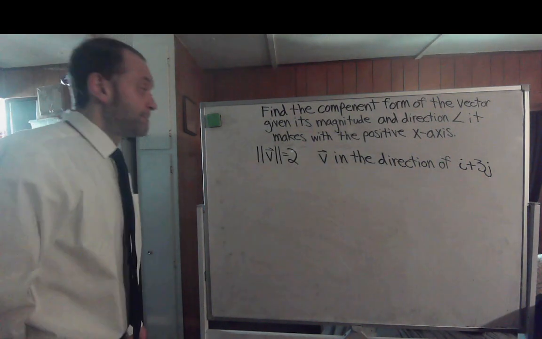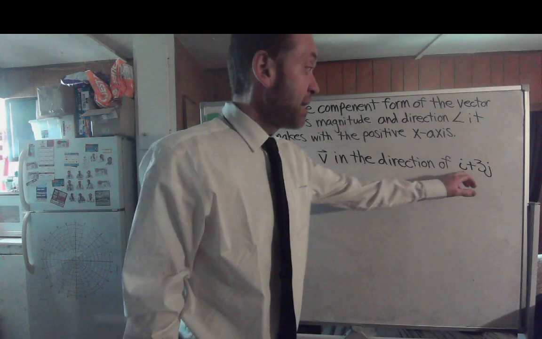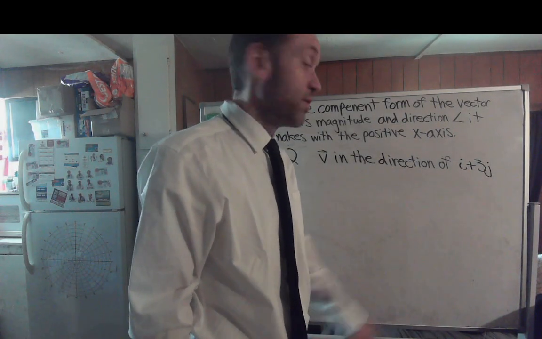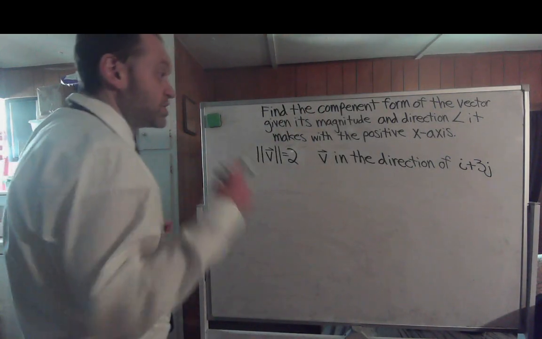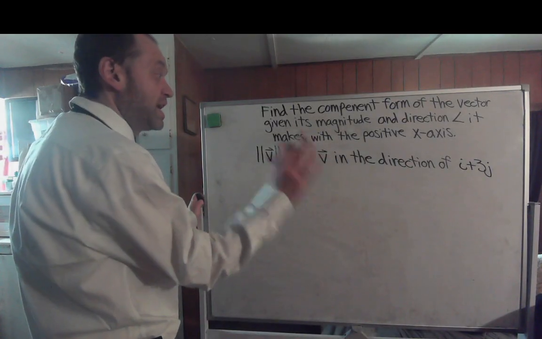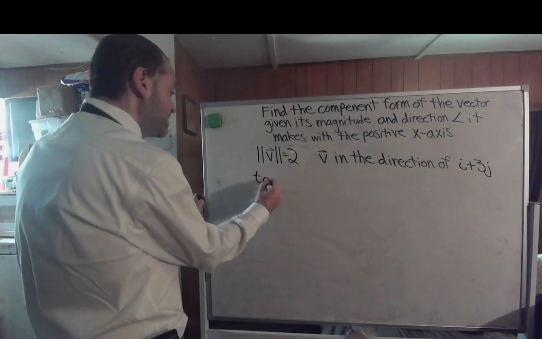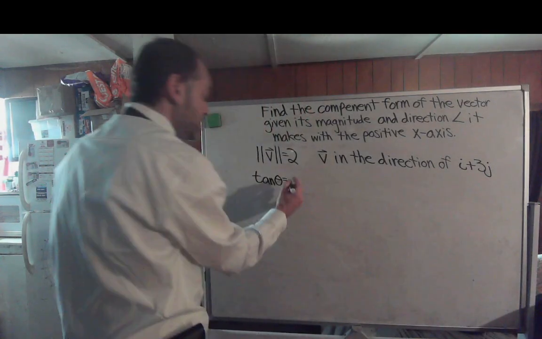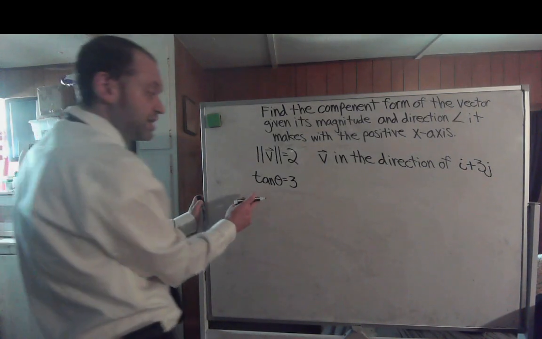So we notice though that i plus 3j, that's in the first quadrant. So this should give us a first quadrant angle. This won't be too bad. So let's find that direction angle first. So that's going to be the tangent of theta equals your y component of 3 divided by your x component of 1, or simply the tangent of theta equals 3.